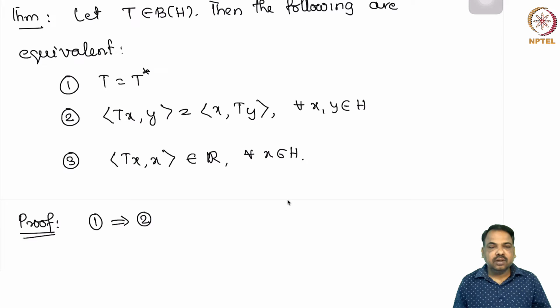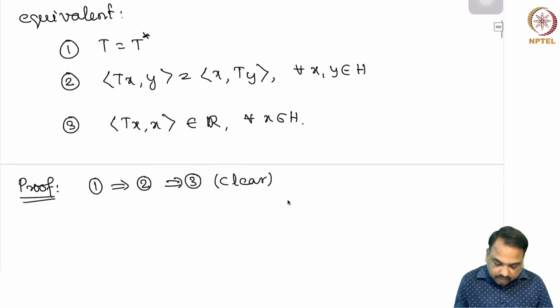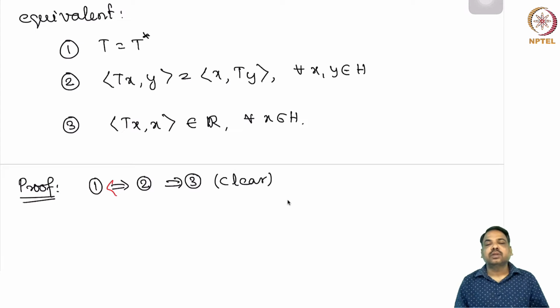So that says that the inner product of Tx with x is a real number. Now 2 implies 1 is also clear, because if the inner product of Tx with y equals the inner product of x with Ty, from that we can conclude that T equals T star.